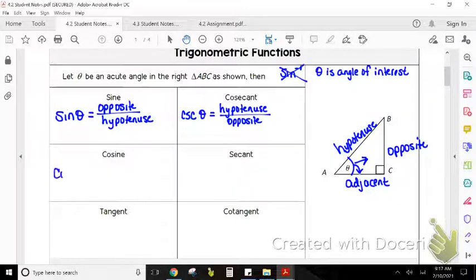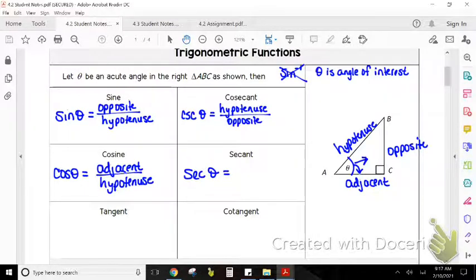Cosine, abbreviated COS, of theta will equal the adjacent over the hypotenuse. And its reciprocal, secant, abbreviated SEC, of theta will equal the hypotenuse over adjacent.